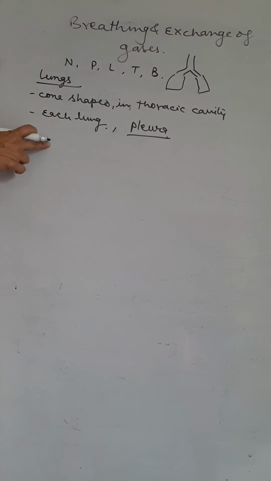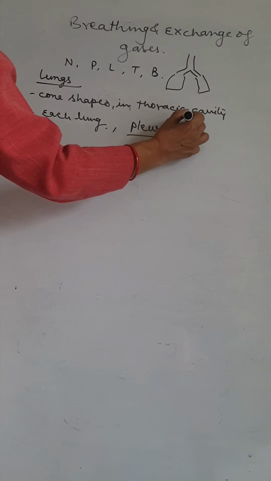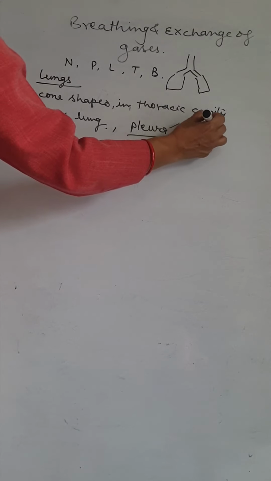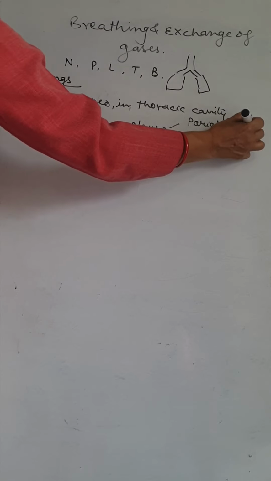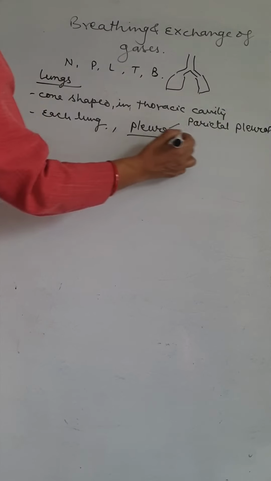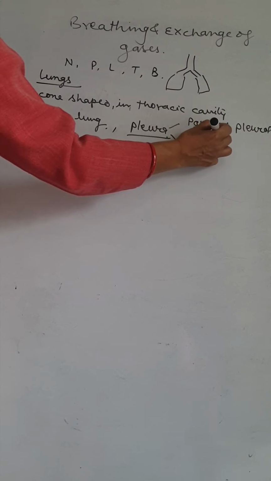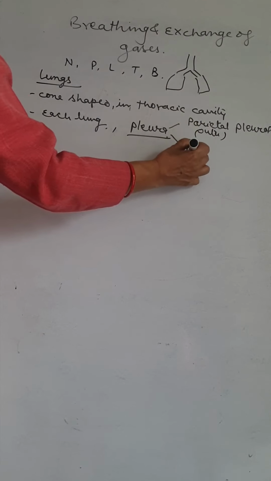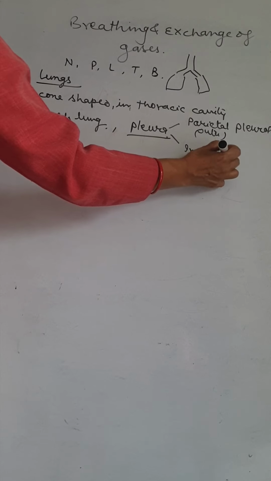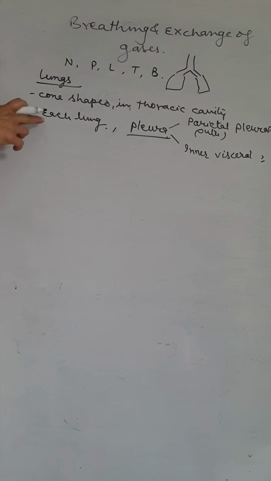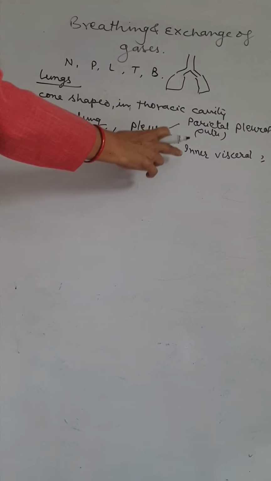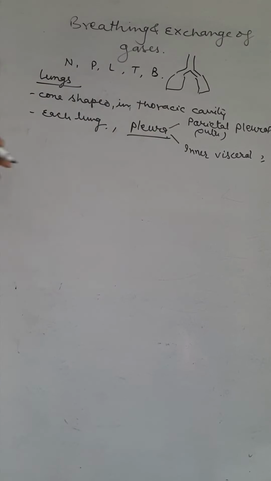The outer one is the parietal pleura, and the inner one is the visceral pleura. They are two layers.